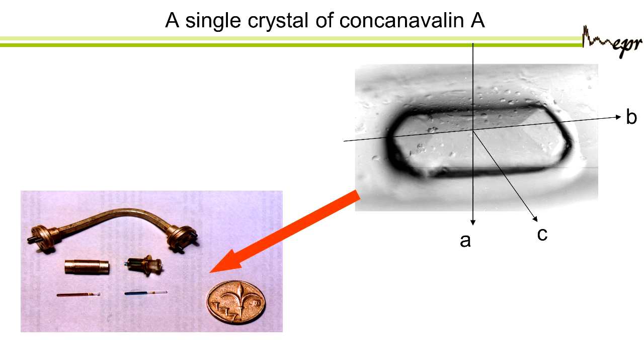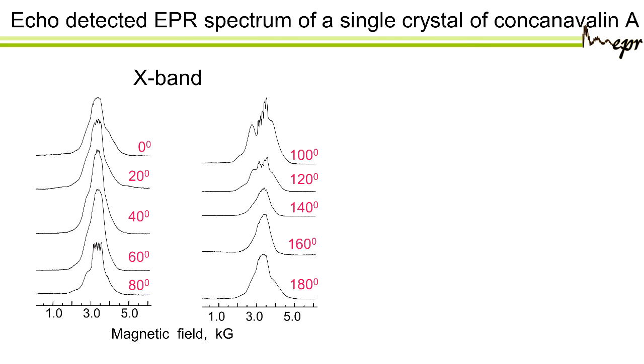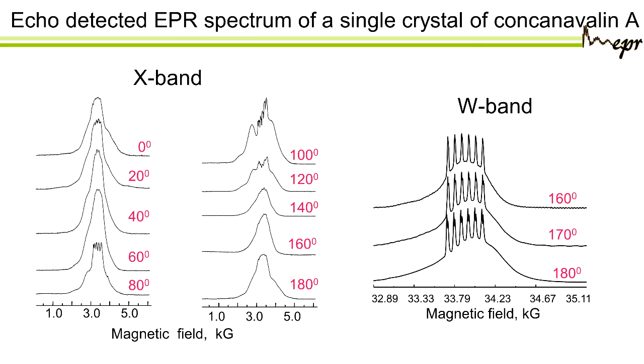Okay, so now you put this single crystal of concanavalin A into the X-band, and you do a rotation pattern, and it really looks pretty bad, right? It looks almost like a powder pattern. Now, if you do it at W-band, you see the central transition is very narrow, and the broad part, you remember, is from all the other transitions.